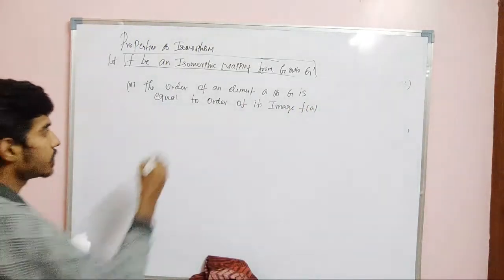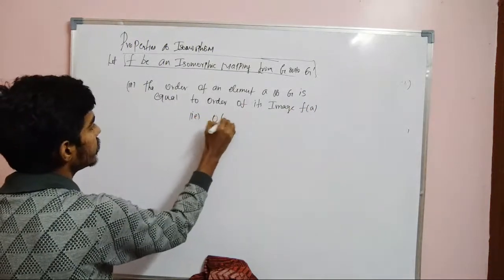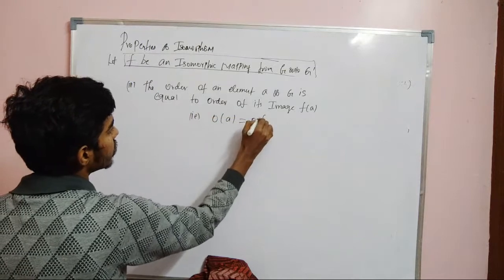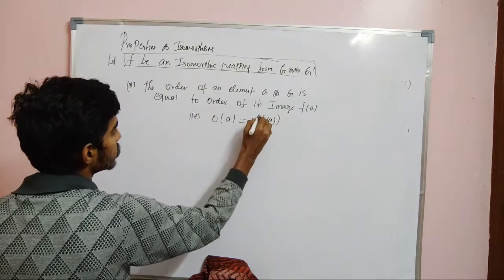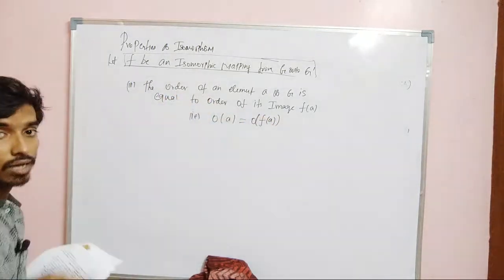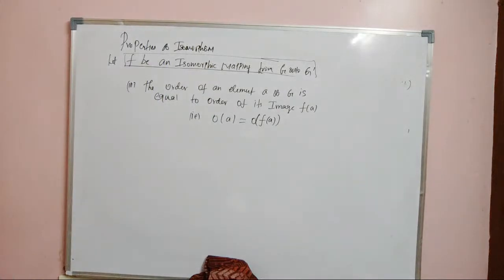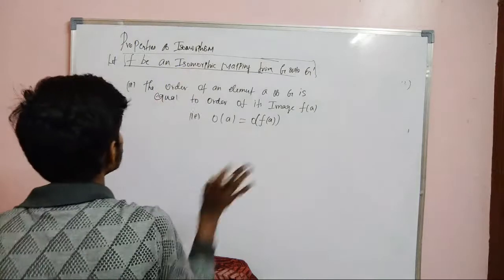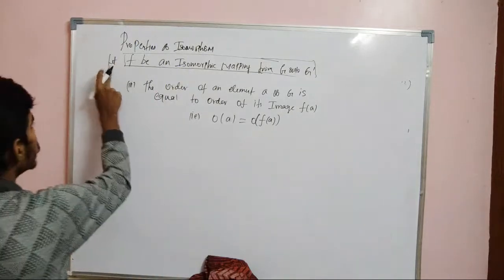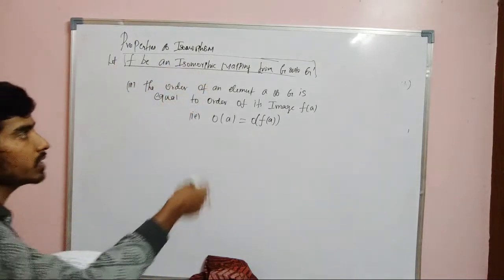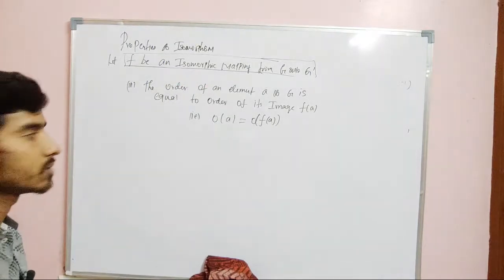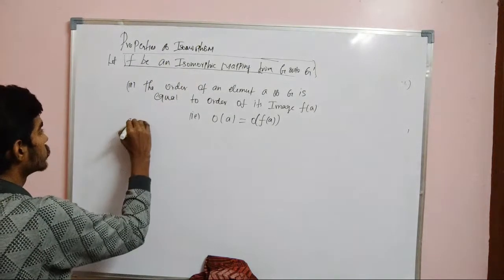That is, order of a is the same as order of f of a. Remember, all these properties will be true only if the map is an isomorphism. At the beginning itself, let f be an isomorphic mapping from G onto G dash. Okay, so proof.